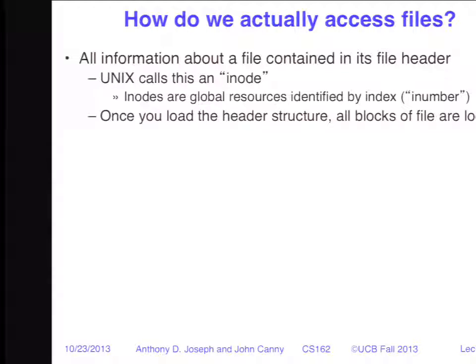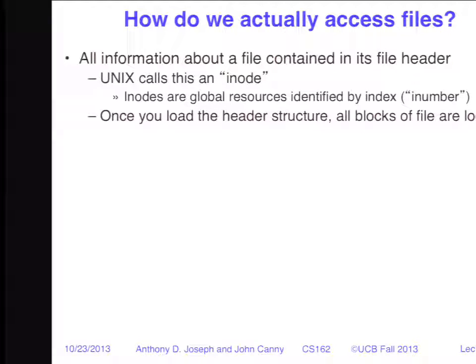Since it's an inode, that's an inumber. All this predates Apple. Now, once you've loaded in this inode, you know how to find all of the blocks of the file, because you know where all of the indirect blocks, double indirect, and so on are located, and where all the data blocks are located.